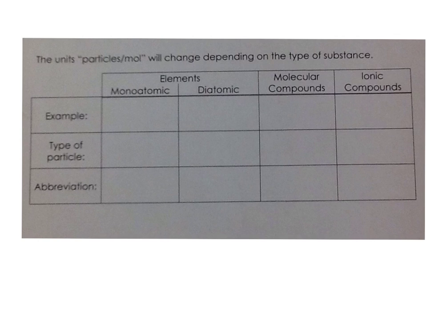So the particles change depending on the type of substance. An example of a diatomic element could be hydrogen. Give me an example of a monoatomic element. You got a lot to pick from, because that's a diatomic.